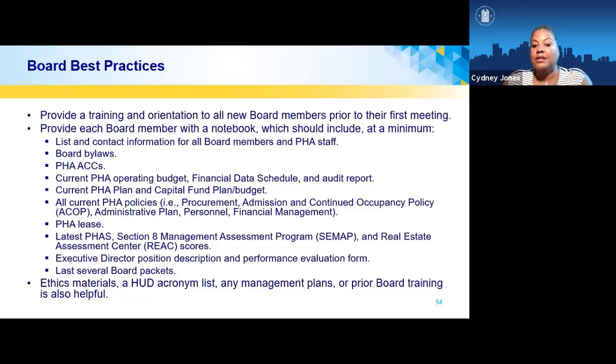Therefore, it's important that the Board of Commissioners maintain the executive director's performance evaluations and evaluate the performance of the ED at least annually. That's industry practice. Also maintaining the ED's job description, but having an annual performance evaluation is something that the board should do at least once a year.